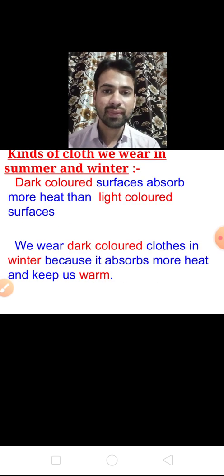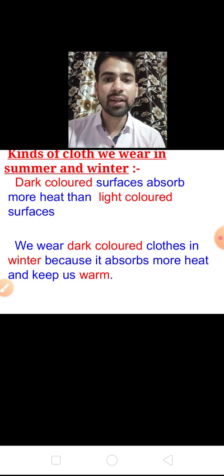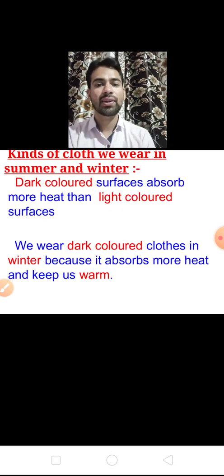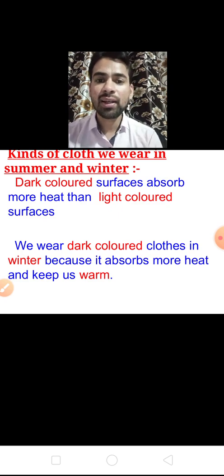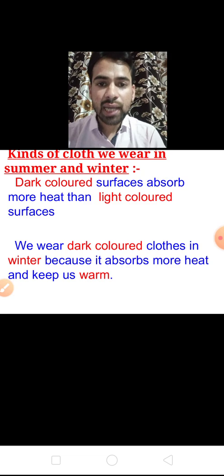Clear? Now children, the last topic of the chapter, that is the kinds of clothes we wear in summer and winter. You have seen that in summer we wear light color clothes, the light color fabric, but in winter we wear dark color fabric. Why children, why does this happen?